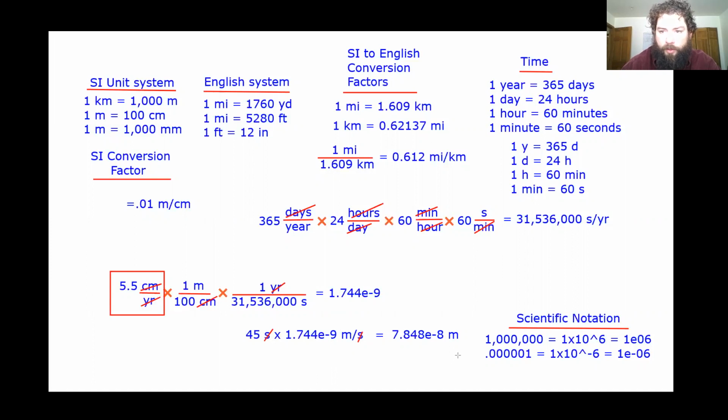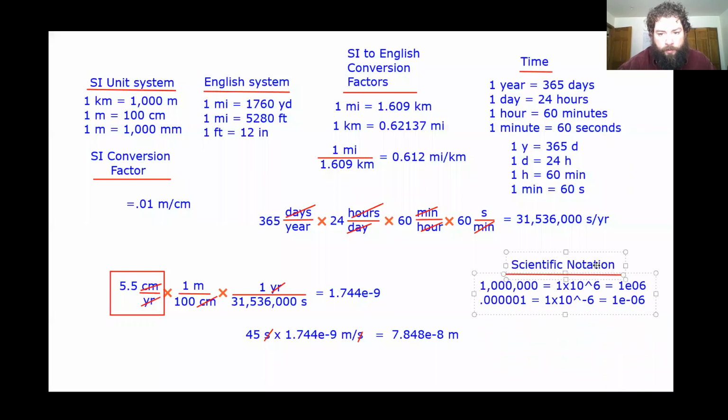Okay, real quick on the scientific notation. I looked through here, and I think this is the only problem where you really need to use scientific notation, but it's important. As you can see on our calculator, we got e to the negative 8. And this is the handy little scientific notation notes here.